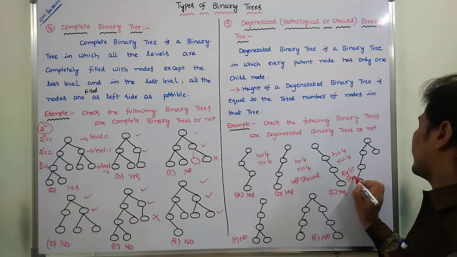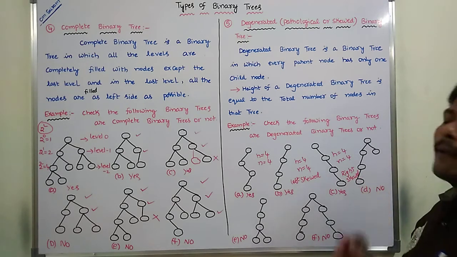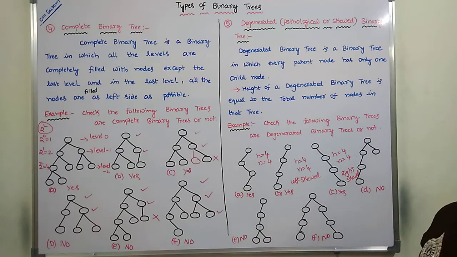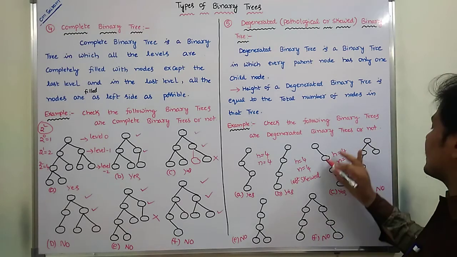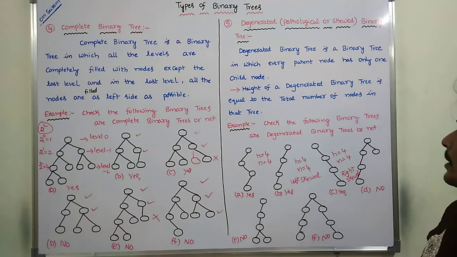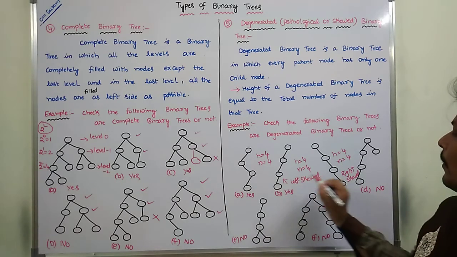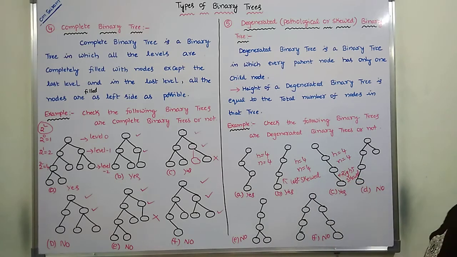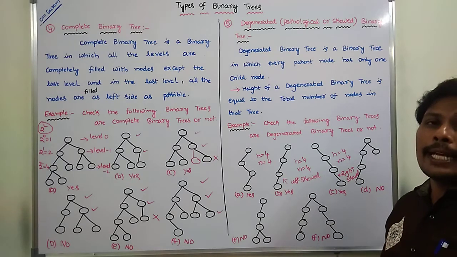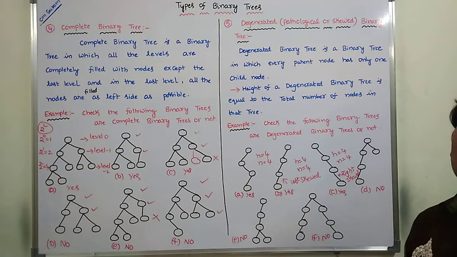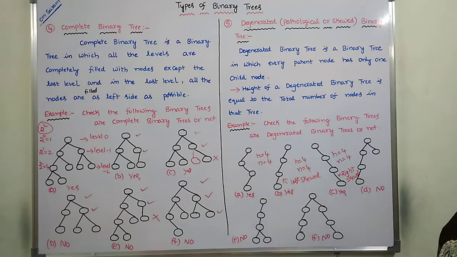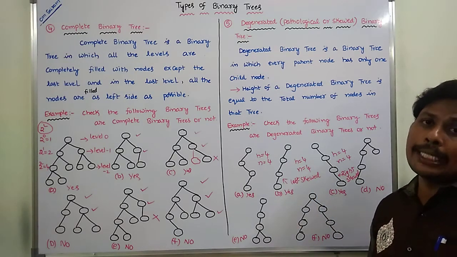When the children are inserted as only right child for a parent, it is called a right skewed tree. When the children are inserted as only left child, it is called a left skewed tree.